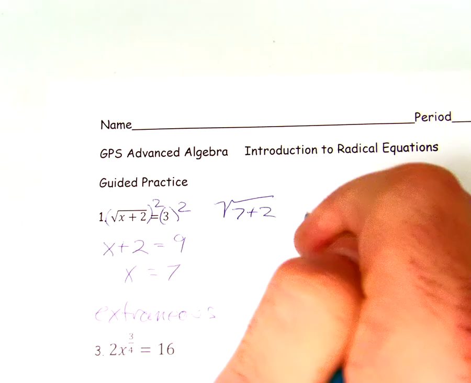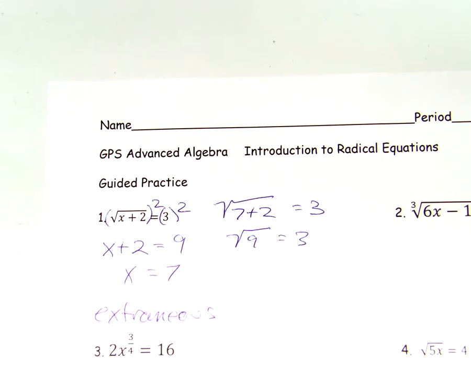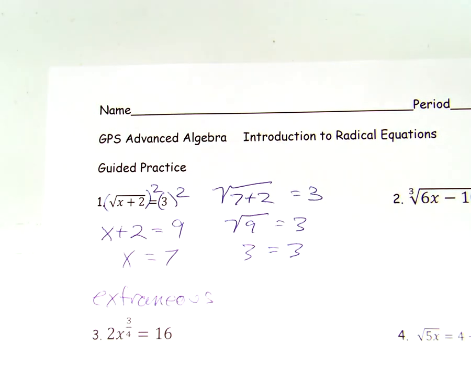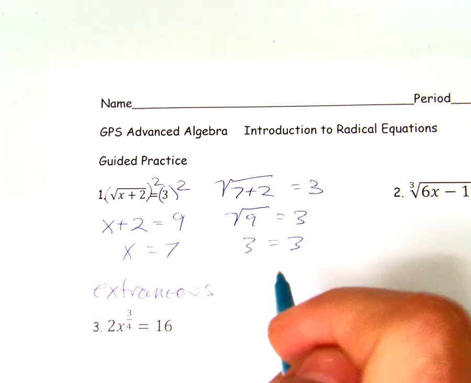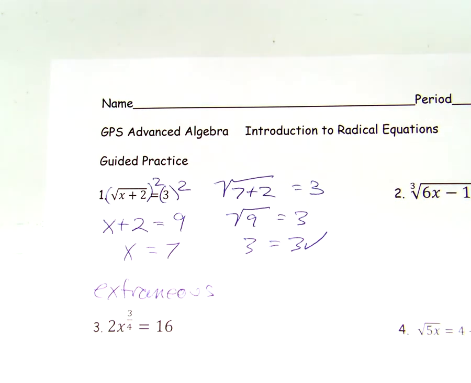Square root of 7 plus 2 equals 3. Square root of 9 equals 3. And 3 is the principal square root of 9, and we're only looking for the principal square root, so that works out, and 7 is a solution. So be sure to show your checks. You'll get full credit on your tests and quizzes if you show your checks.